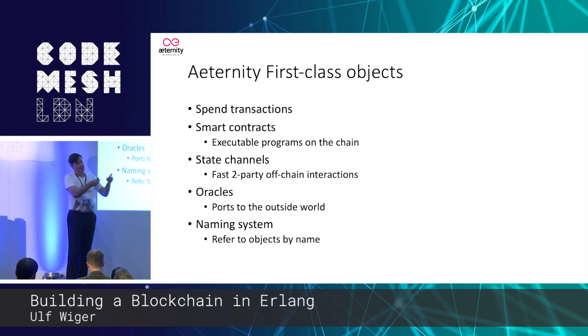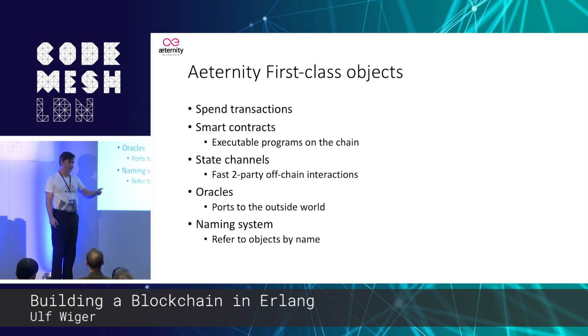Then you can either snapshot to the chain periodically, or when you close the channel, you update the balances, and then you have to pay a fee for doing that. But that means that you can get up to more than 100 transactions, or a few hundred transactions per second, in your dialogue with the other party. So then you can actually do real-time interaction.